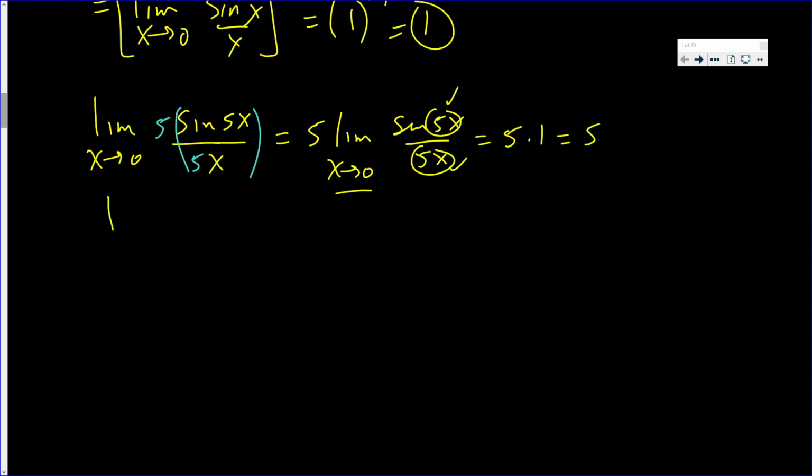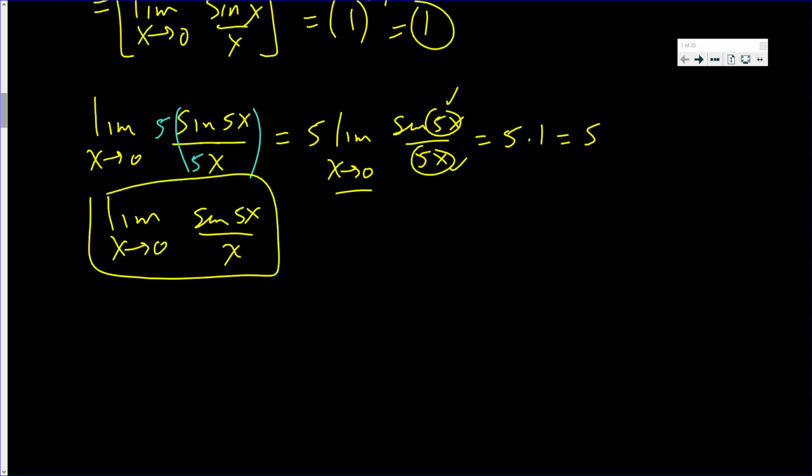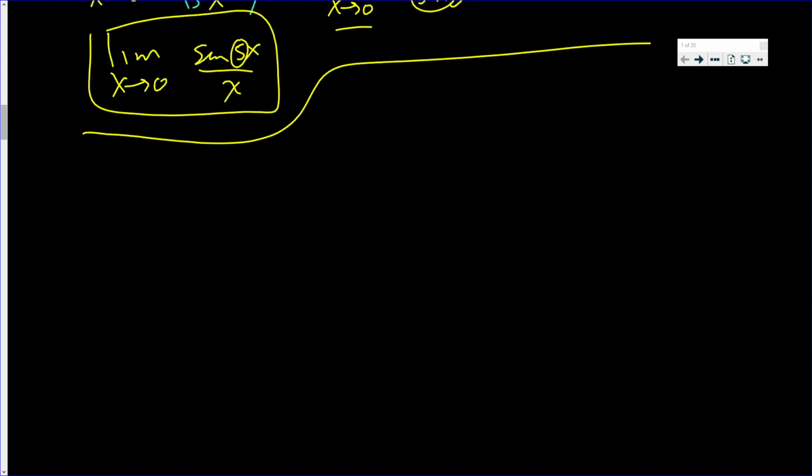Now let us look at the original problem. You have sine 5x over x, and the answer was 5. Might that be a pattern?